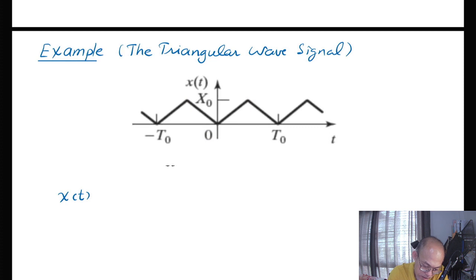So there are two subintervals. The first subinterval, which is the left one, over this subinterval, x has a negative slope, and that slope is equal to x0 over t0 over 2, and the intercept is at 0. So the equation for x in the negative interval is minus 2 x0 over t0 times t.